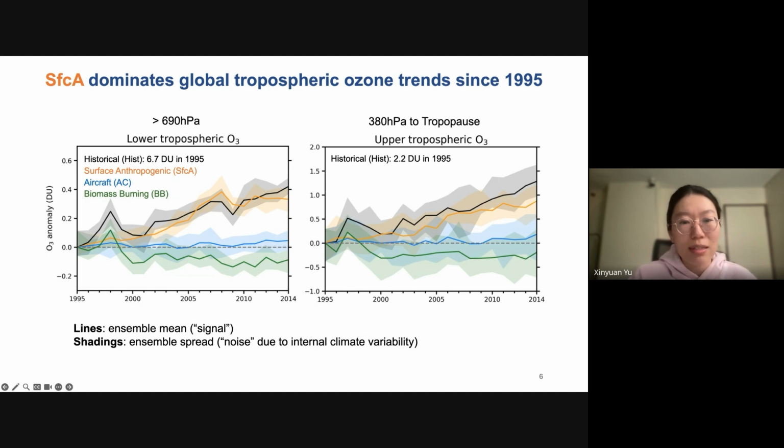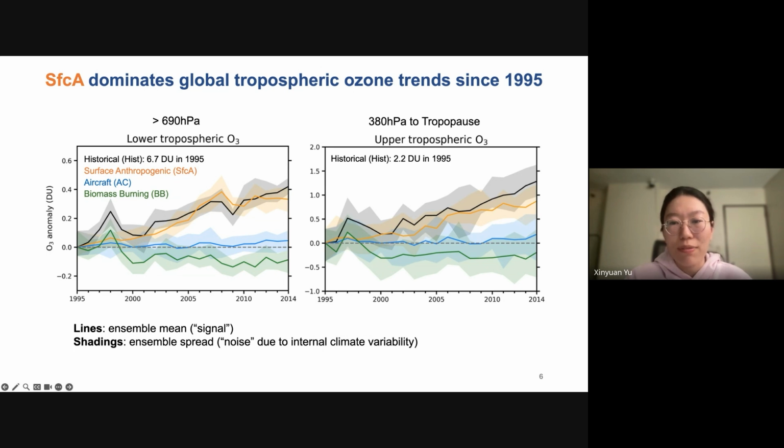The blue line shows the contribution of the aircraft, which is near zero, with a slight positive signal at both altitudes. However, the observed aircraft contribution could be negative, depending on internal climate variability. And the green line shows the influence of biomass burning, which shows a negative contribution in most years.